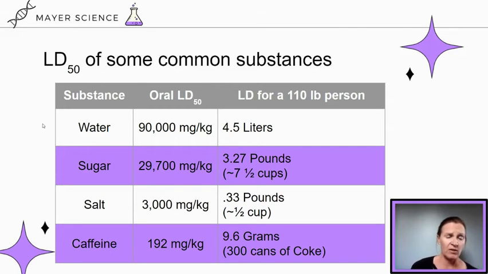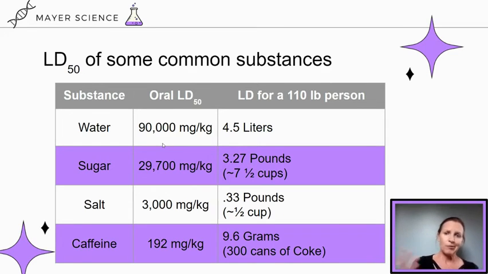I'm just going to give you the lethal dose 50s of some common substances that we encounter. So water. Water is a substance, and every substance has an LD50. The LD50 of water orally is 90,000 milligrams per kilogram of body weight. To put that into more perspective, a 110-pound person is about 50 kilograms.